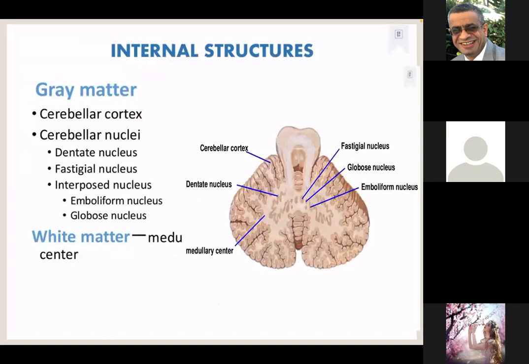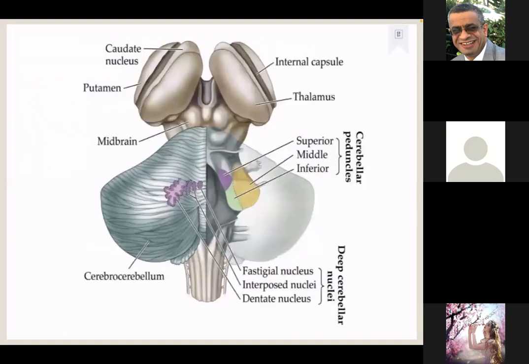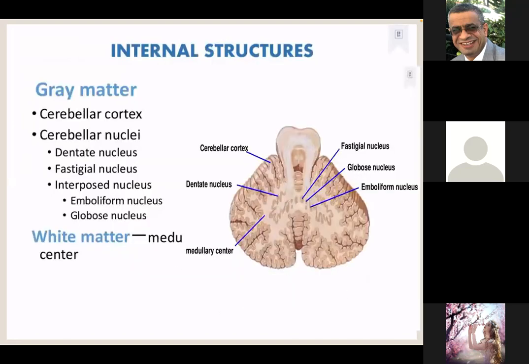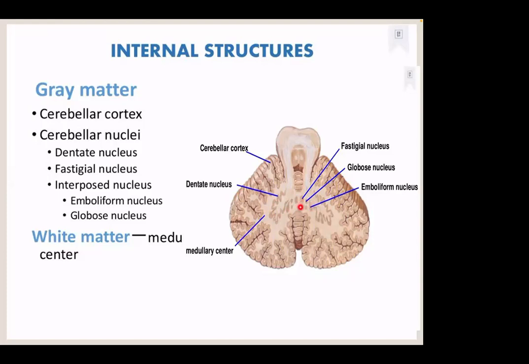Internal structures, as we said, are like a brain, so it consists of cortex and inner medulla: the cerebellar cortex and the cerebellar nuclei, which are the dentate nucleus in this part, the emboliform nucleus, and the interposed nucleus, which is composed of emboliform and globose nuclei, and the white matter of the medullary center.